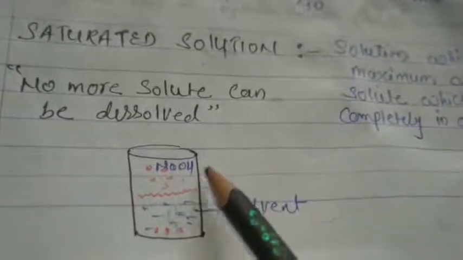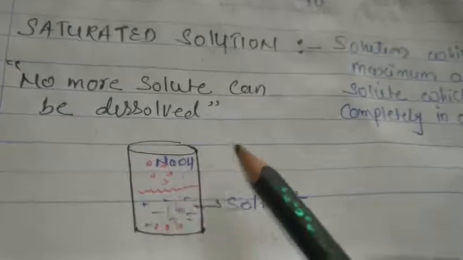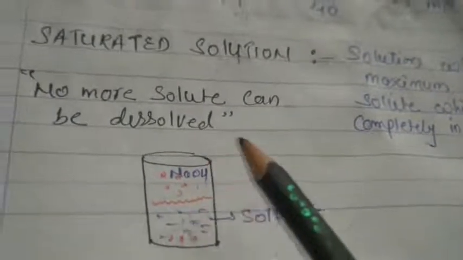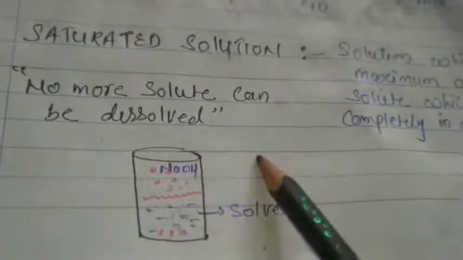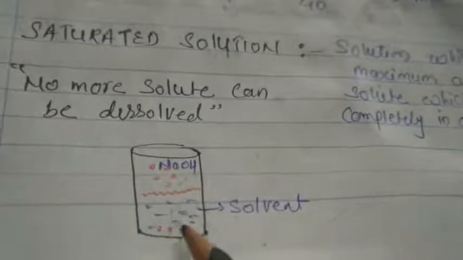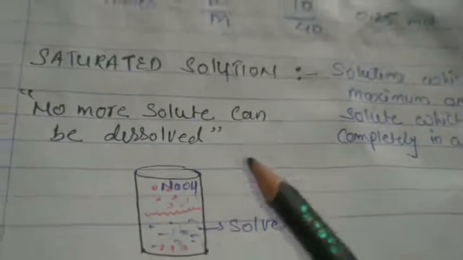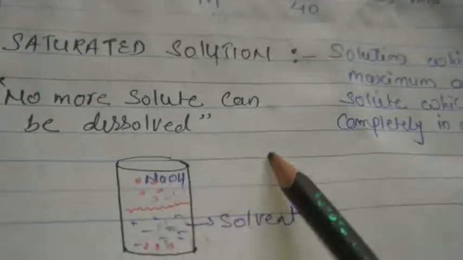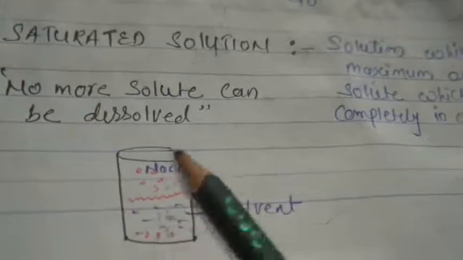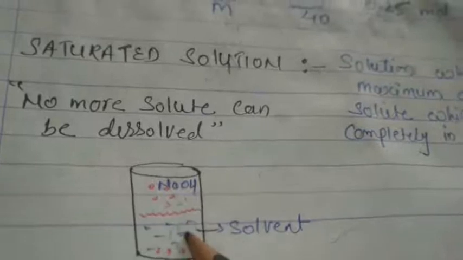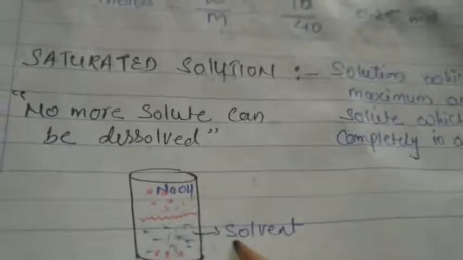Means now if we add another 2 gram or 3 gram of NaOH, then the rest amount, that 2 or 3 gram of NaOH, will deposit at the bottom of the container. Means this extra 2 or 3 gram of NaOH will not completely dissolve in the solution. So this solution will be a saturated solution.